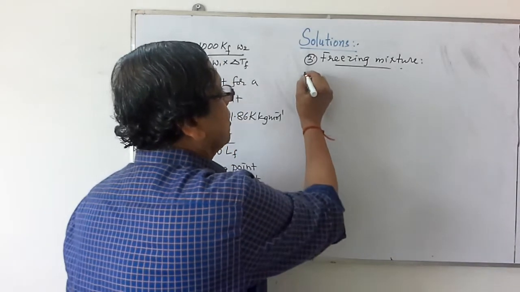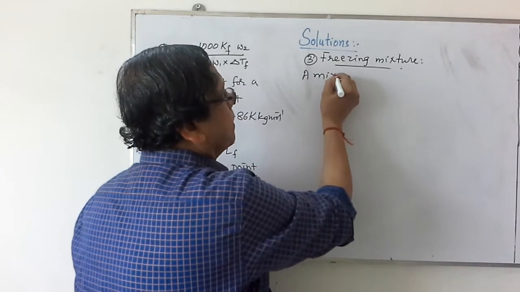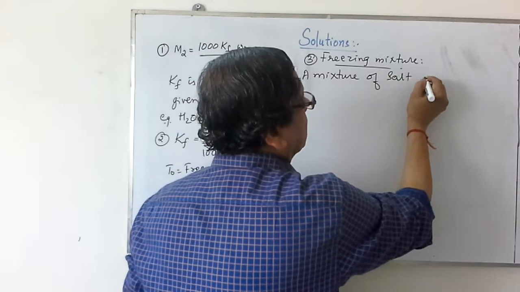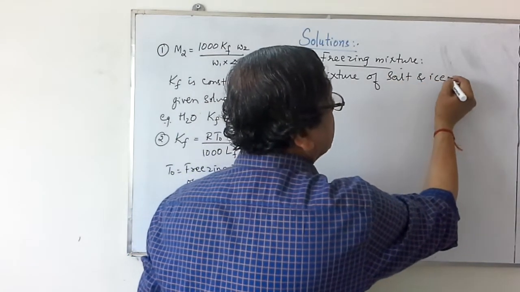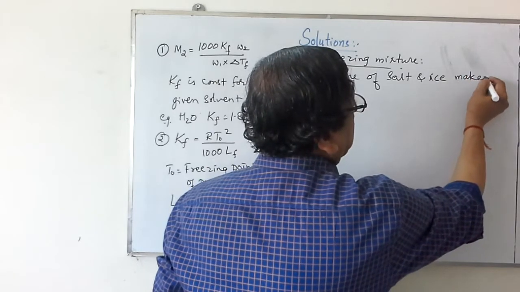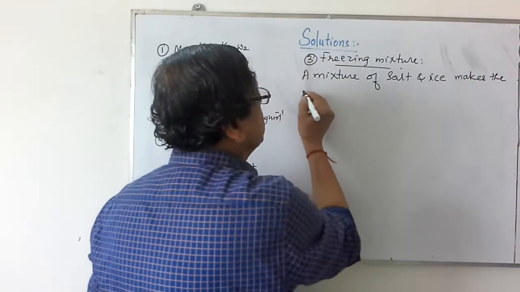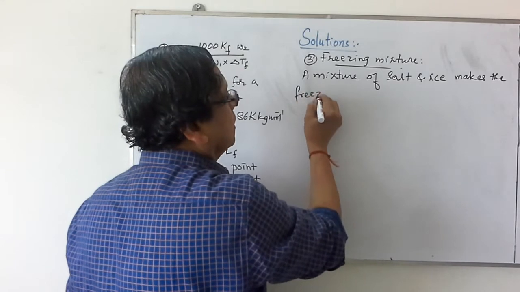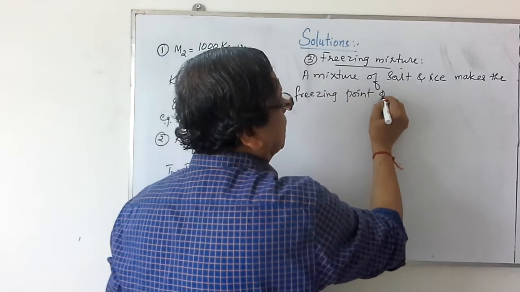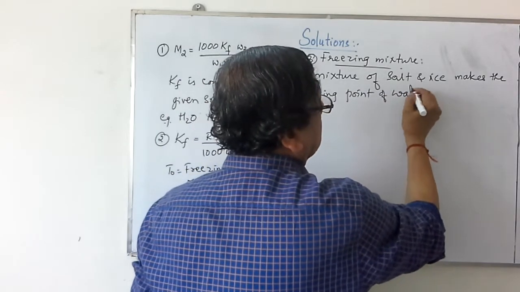So a mixture of salt and ice makes the freezing point of water lowered.